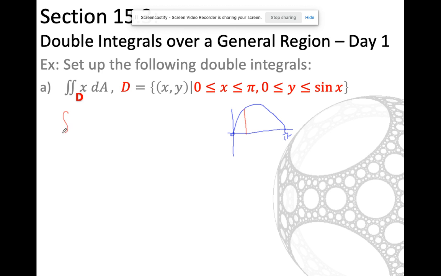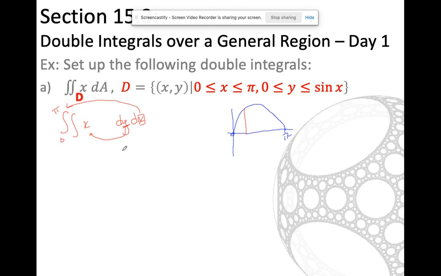And then you're going to replace this D. I only have an X in here. I don't know why I left such an awkward space. But since X is here, I already had constants, 0 to pi. Since Y is here, I need to make sure I have an equation that has X stuff.